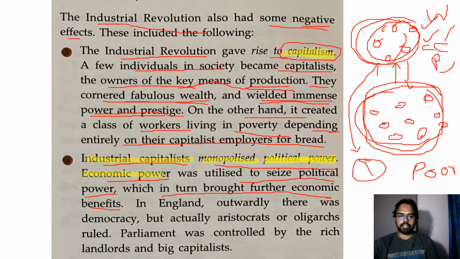As economically they are very rich, they could control the politics of the nation and they could also seize the political power. That means the politicians started listening to these big industrial people because all the money was with them. So they controlled the politics. And when these business people started controlling politics, it gave even more economic benefits to them.